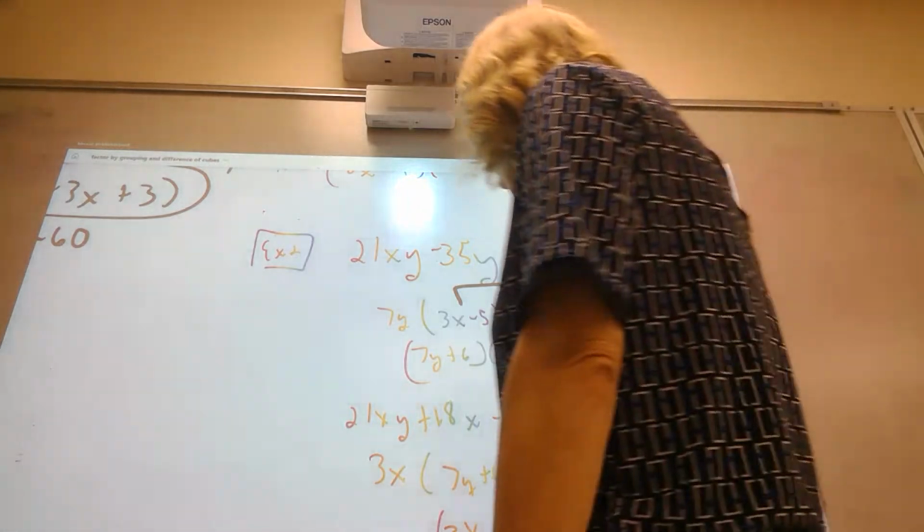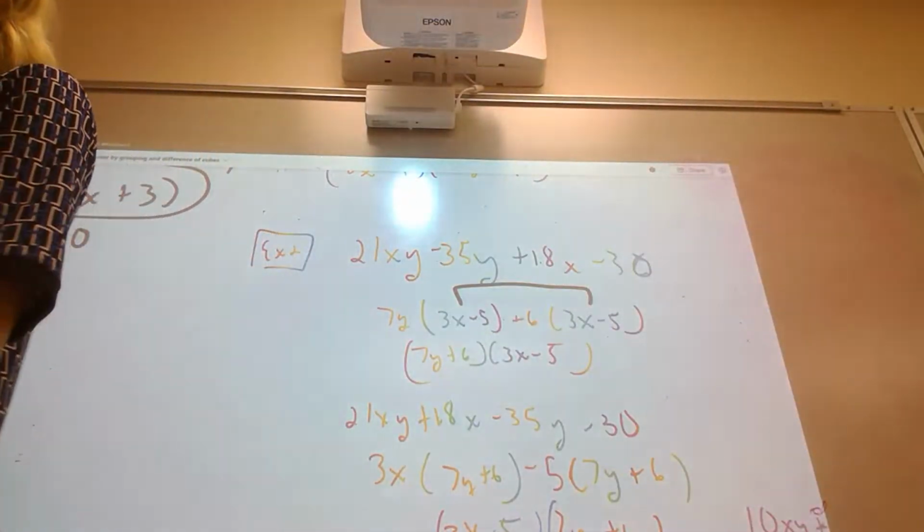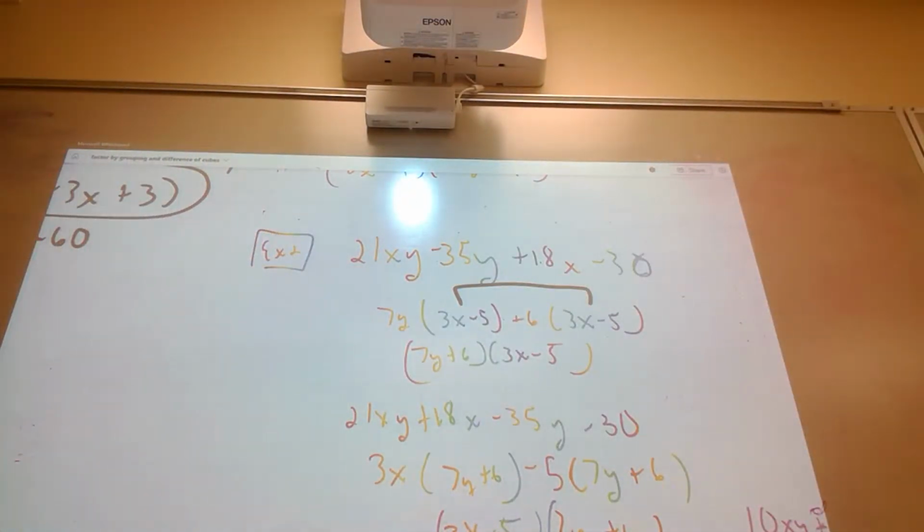So 2x cubed and 6x, they obviously have a 2 in common and x in common. You have an x squared left because we started with x cubed.